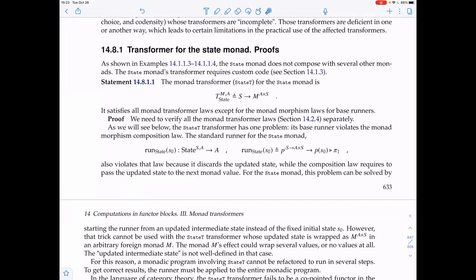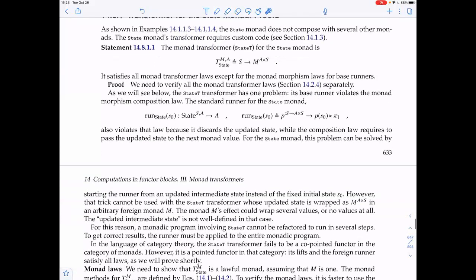For example, the state monad's transformer has this shape. It does not satisfy the monad morphism law for base runners, which means that if you want to run the state monad's effect in a stack, then you cannot compose the results of those runs.